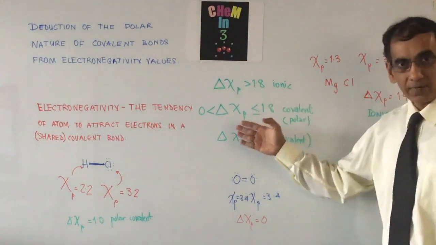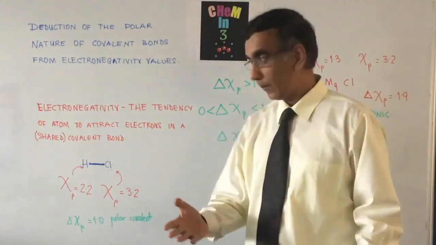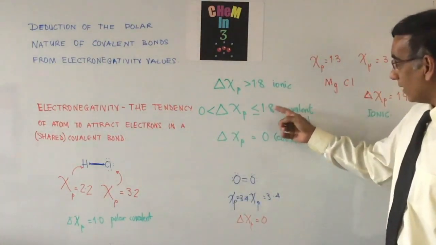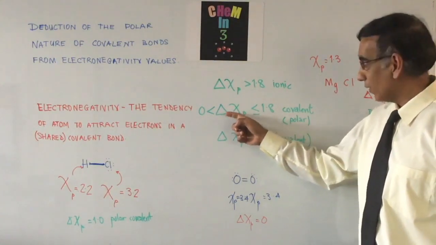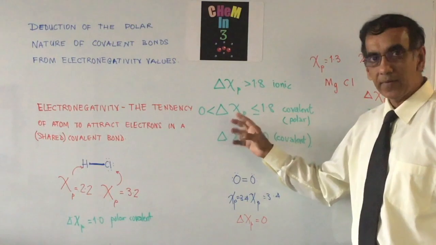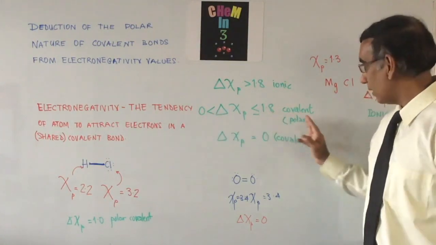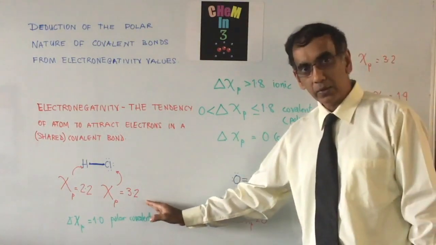And how do we classify bonds as polar covalent or non-polar covalent? We have this scale here that we can use. And here it says that if delta electronegativity, or the difference in the electronegativity values, is somewhere between 1.8 and 0, then we end up with a polar covalent bond, like here in hydrogen chloride.